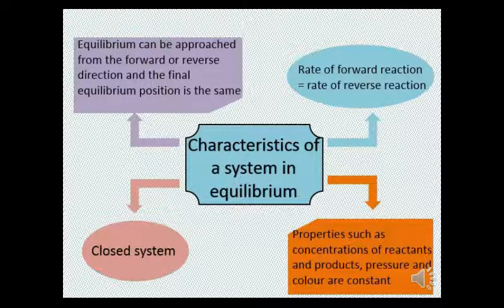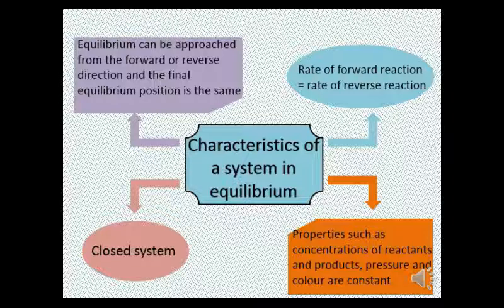And the fourth one, the properties such as concentrations of reactants and products, pressure, and color are constant throughout the equilibrium reaction. So these are the 4 characteristics of a system in equilibrium. Once these 4 characteristics are achieved in a reaction, then we can say that the reaction is in equilibrium.